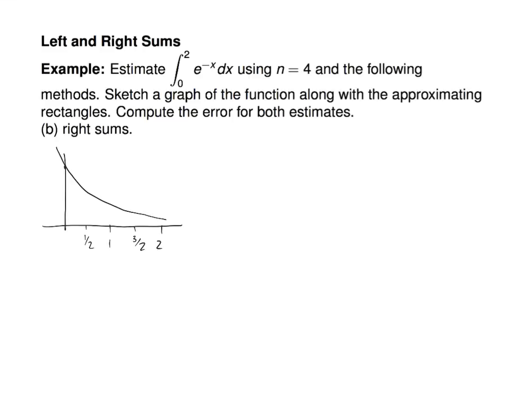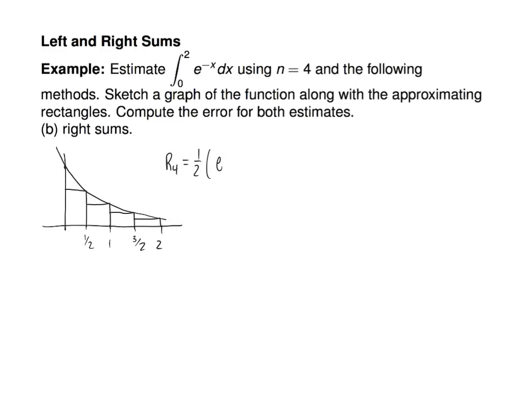All right, so right estimate. Plug in a half, a 1, a 3/2, and a 2. Can I factor out that 1/2 right off the bat with this? Yeah, so 1/2.